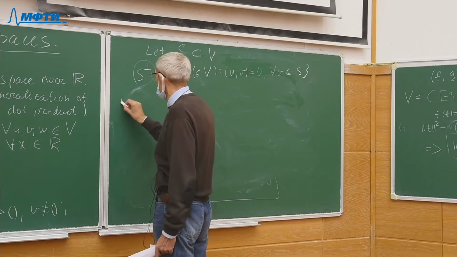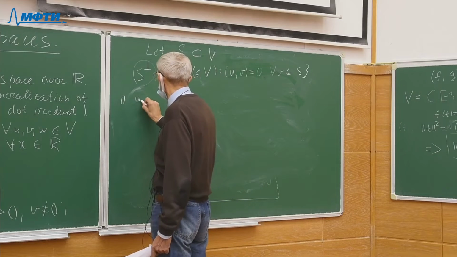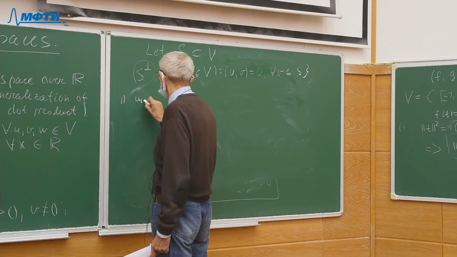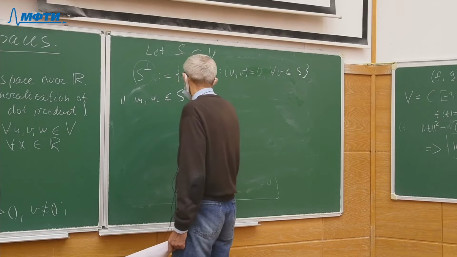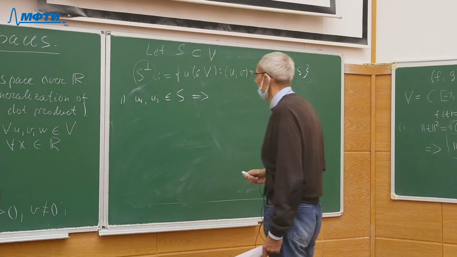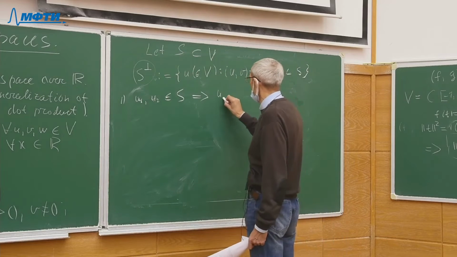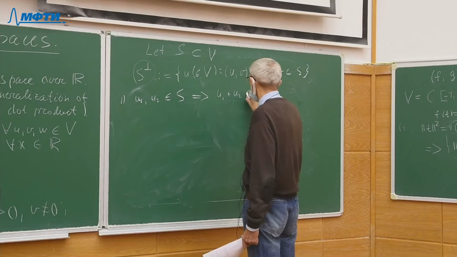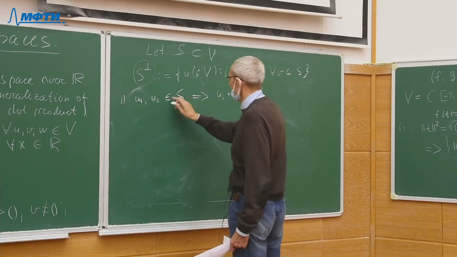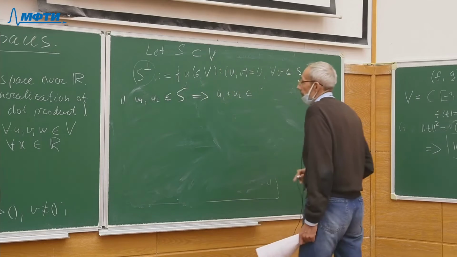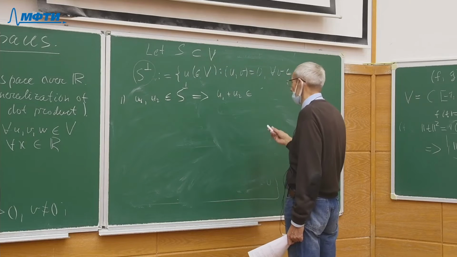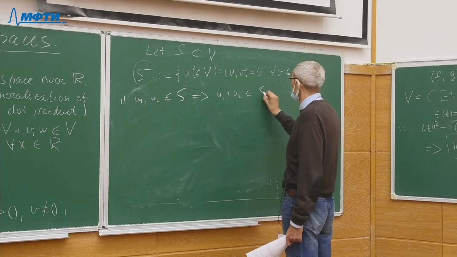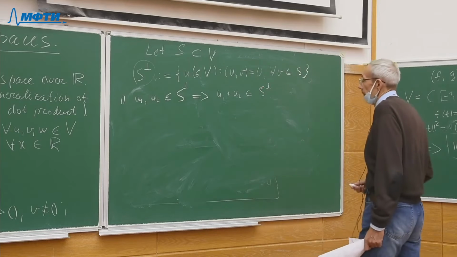We can easily check it. If we have two vectors u1 and u2 which belong to S perpendicular, it follows that their sum u1 plus u2 also belongs to S perpendicular.